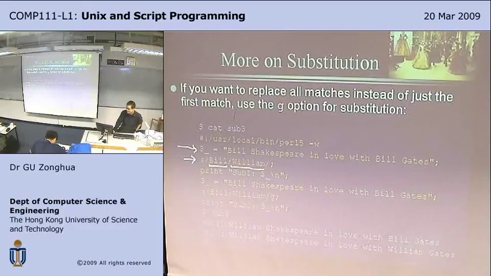So what you get is to substitute the first Bill. You get William Shakespeare in love with Bill Gates. The second Bill is not substituted.